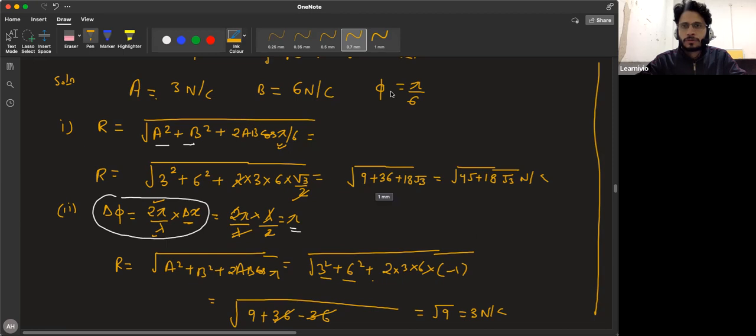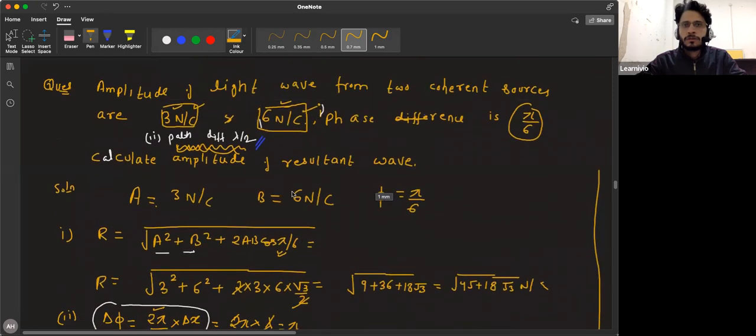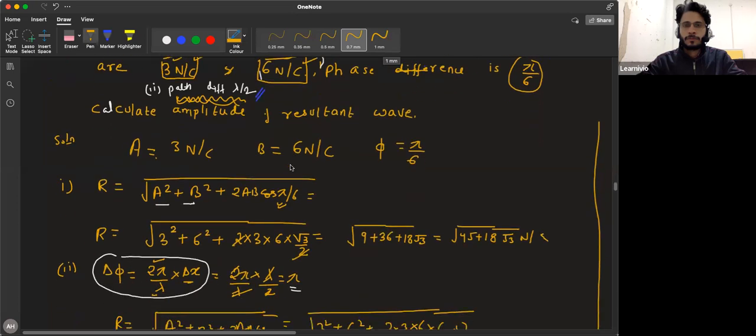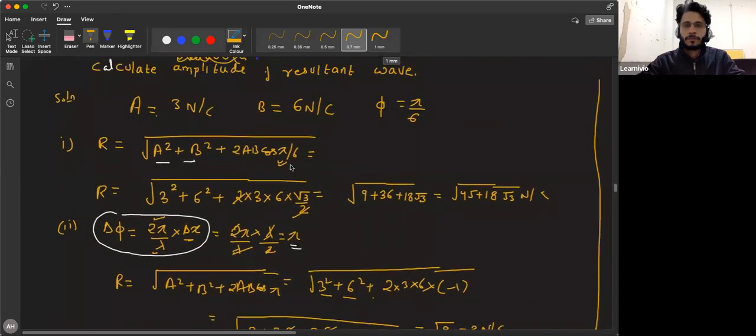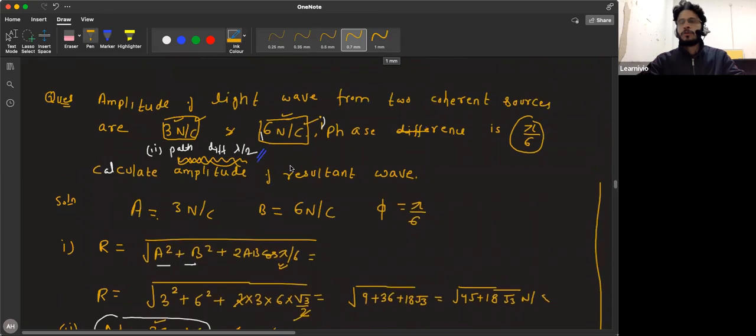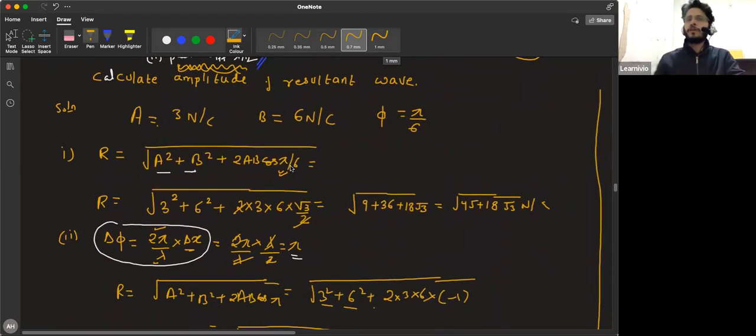Everyone is calculating now. Okay, instead of the amplitude, if I ask you to calculate the intensity, then what will you do?